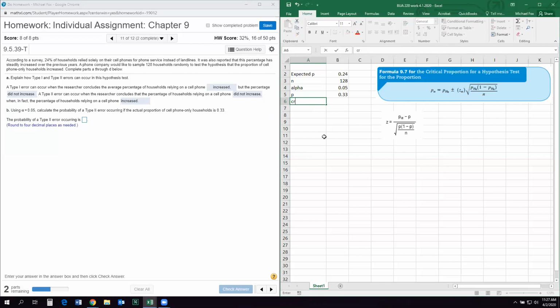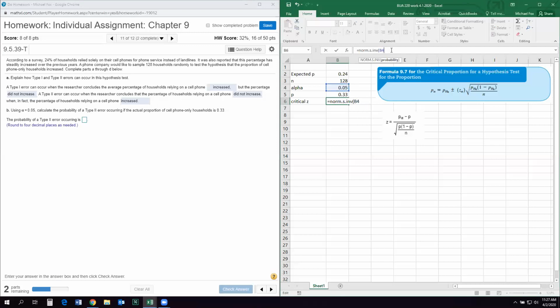So we'll have to calculate our critical Z. Remember, we can do that just by using NORM.S.INV and putting in the probability, and that finds our critical Z. For the probability, we're using the alpha.